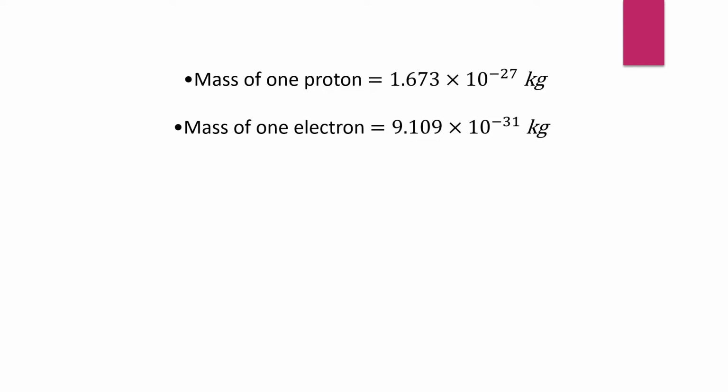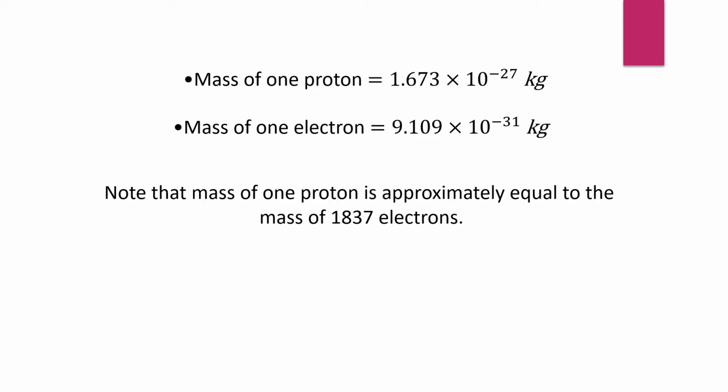It's 10 power minus 31, whereas proton is 10 power minus 27. Note that the mass of one proton is approximately equal to the mass of 1837 electrons. I said 1837 electrons make up the mass of one proton.